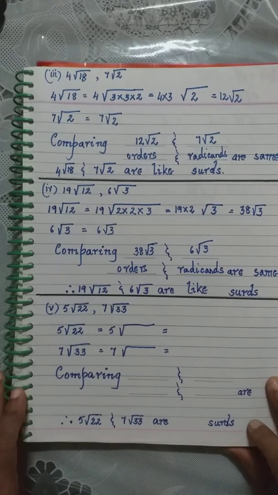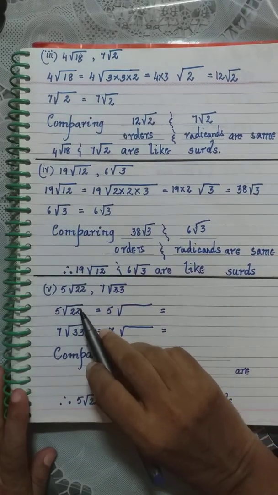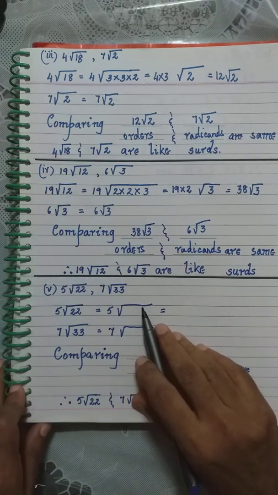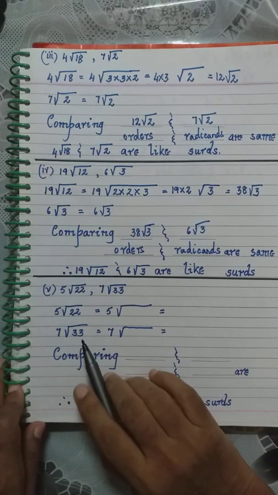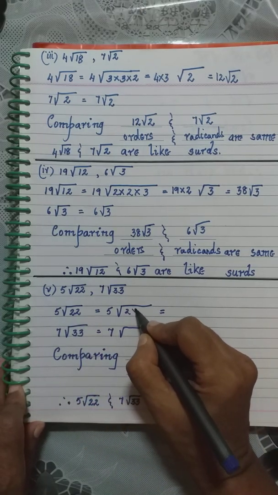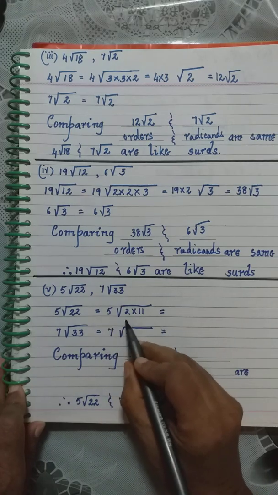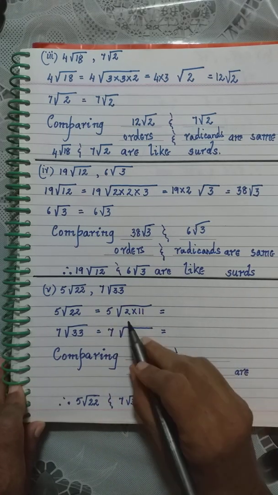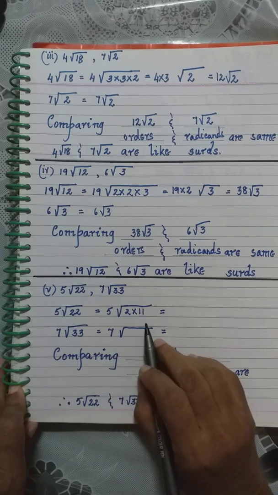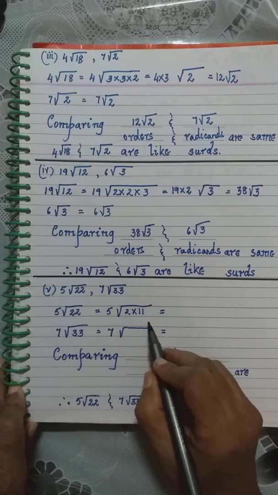Okay, going to the fifth question now. 5 root 22 and 7 root 33. Now here we don't have to divide. Simple factors of 22 we know, that is 2 into 11. 5 root 2 into 11. But do we have any pairs here? Why do we need pairs? Because the order is 2. Do we have any pairs?